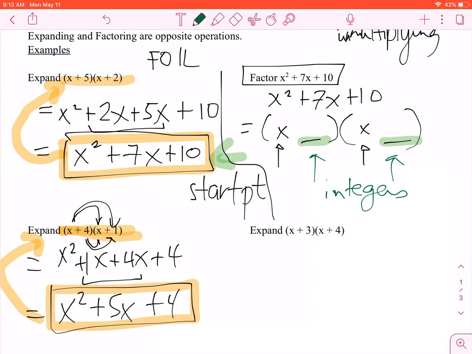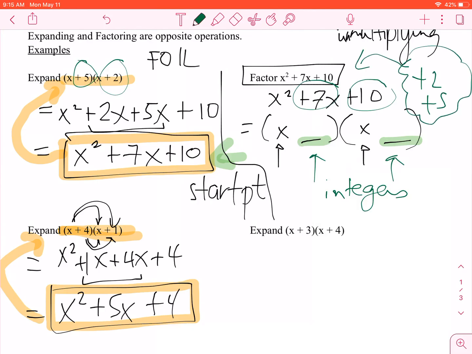Again, as our answer, we had a plus 5 and a plus 2. I know that I need to insert them in these blanks in green, but how are they related to plus 7x and plus 10? Let's give a second just to think about that. We have a plus 2, we have a plus 5, and they're somehow related to this trinomial, or at least the spaces in the middle term and the last term.